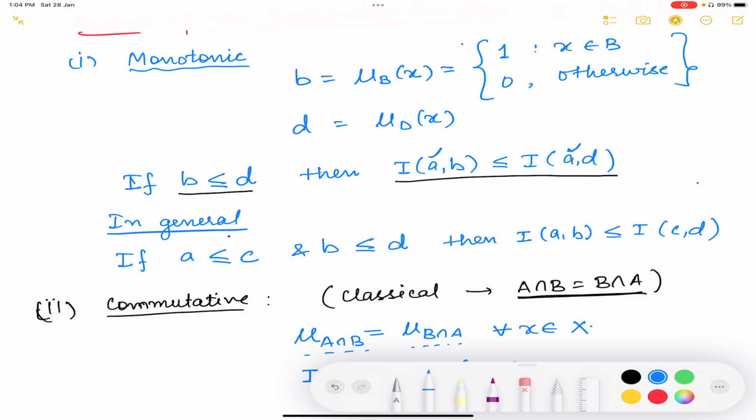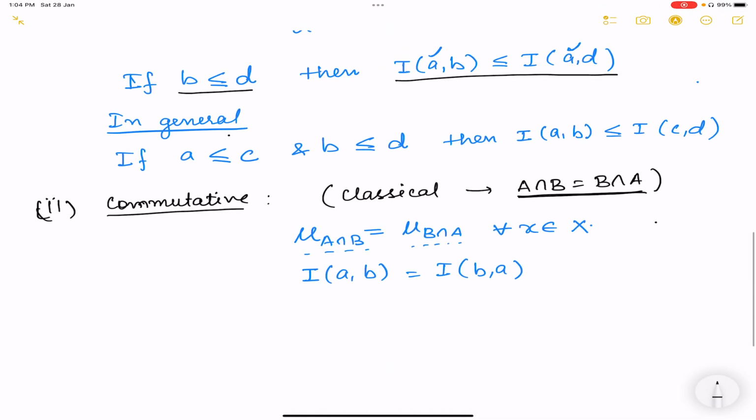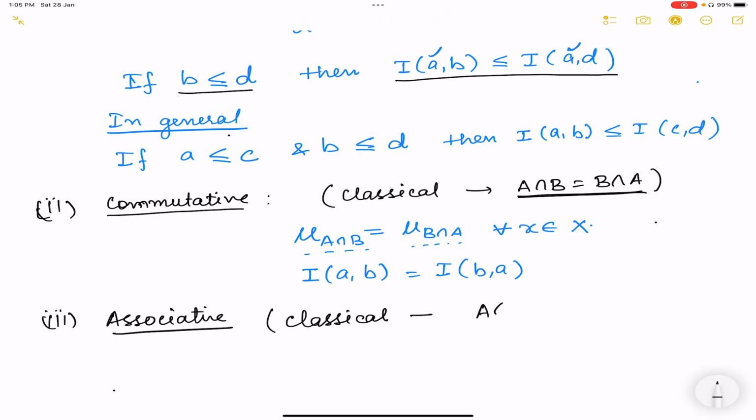Let us move to the associative property. Third is associative. If you remember, in classical, how do we write the associative property? A intersection B intersection C is equal to A intersection B and intersection C. So we can group it in any way.